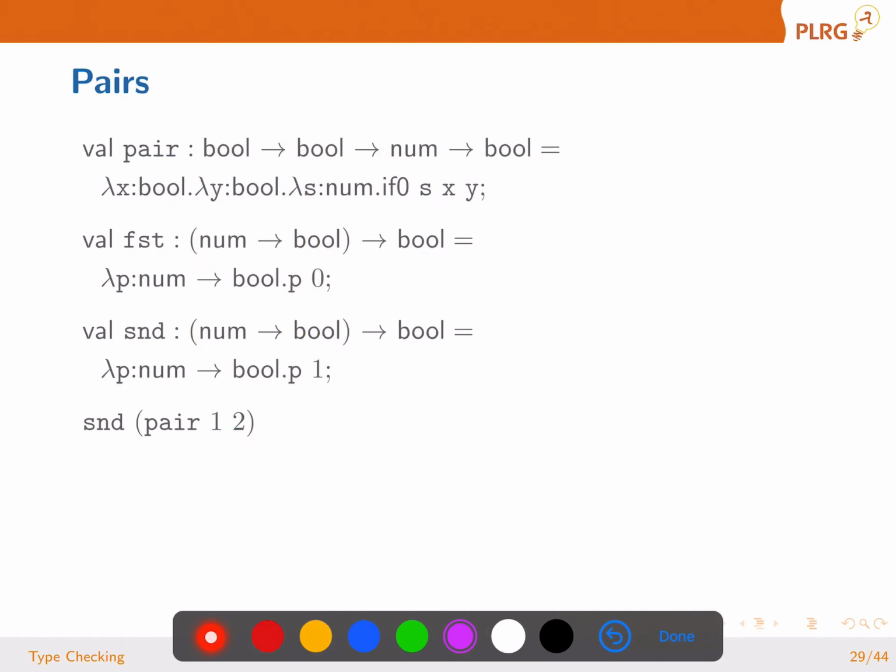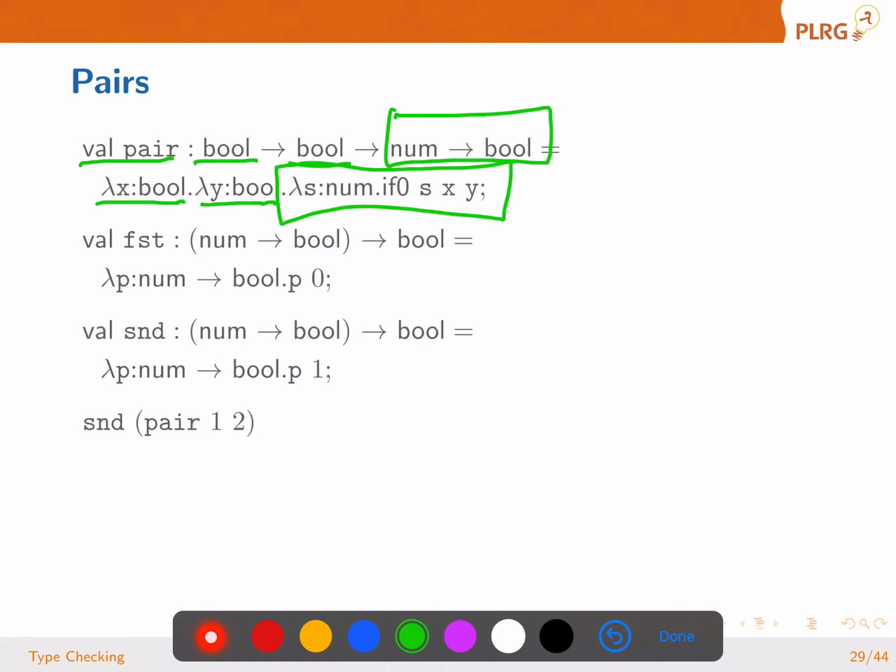Let's look at the second example, which is very similar but slightly different. This time, a pair takes two booleans and then returns a function. The first component, the second component, and again a function that takes an index, and depending on the index, returns the first boolean or the second boolean.